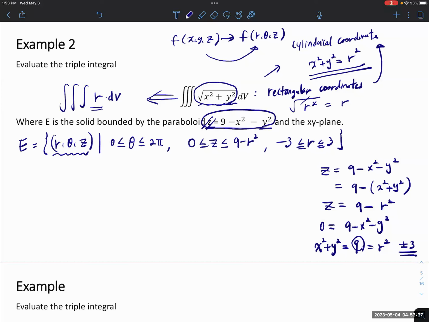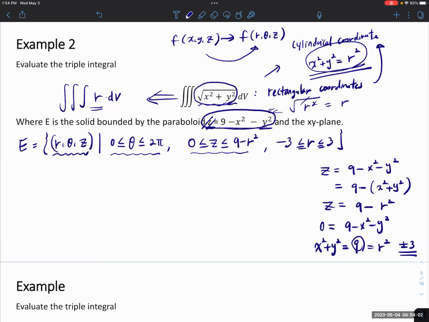So you have to really think about how to find the interval for r, theta, and z. So I just showed you, I'm not doing any special work. I'm just using the fact x squared plus y squared equals r squared. So we know theta begins with theta, it's between 0 to 2 pi. And then z you can find out from here.